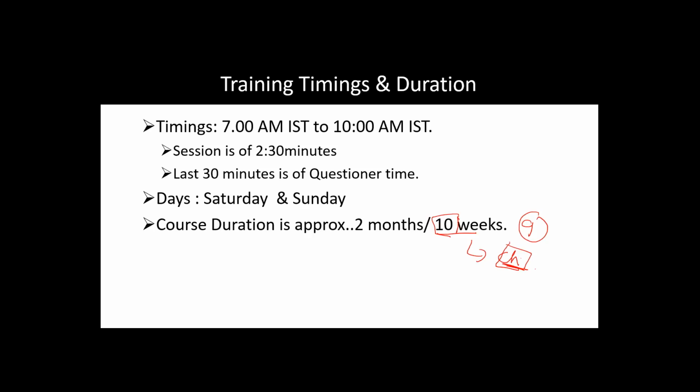Okay, that's fine. The second thing is the course duration. Normally it will be 10 weeks, but suppose because of some emergency or anything, this course doesn't get finished in 10 weeks, will you still be completing the course, or will you leave the training wherever it is?